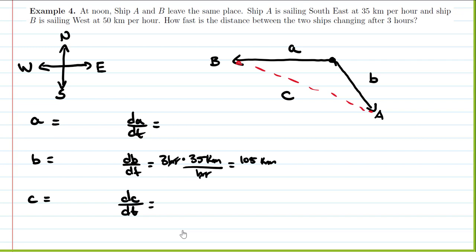Ship B is sailing west at 50 kilometers per hour, so that's 3 hours times 50 kilometers per hour. So we're going to get 150 kilometers. I'm putting all of those in the wrong place, so let's just move them.